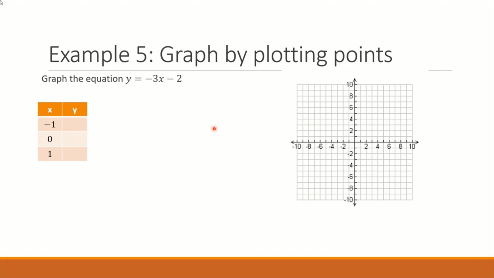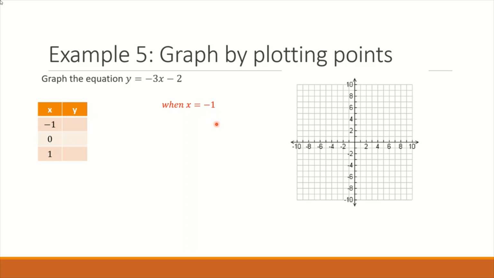But for the most part, if it's a line, then you only need really 2 points. So you would use the third one to check yourself. Now again, you can plug in any points you want. So you want to make them both easy and convenient. So that's why I would suggest -1, 0, and +1.